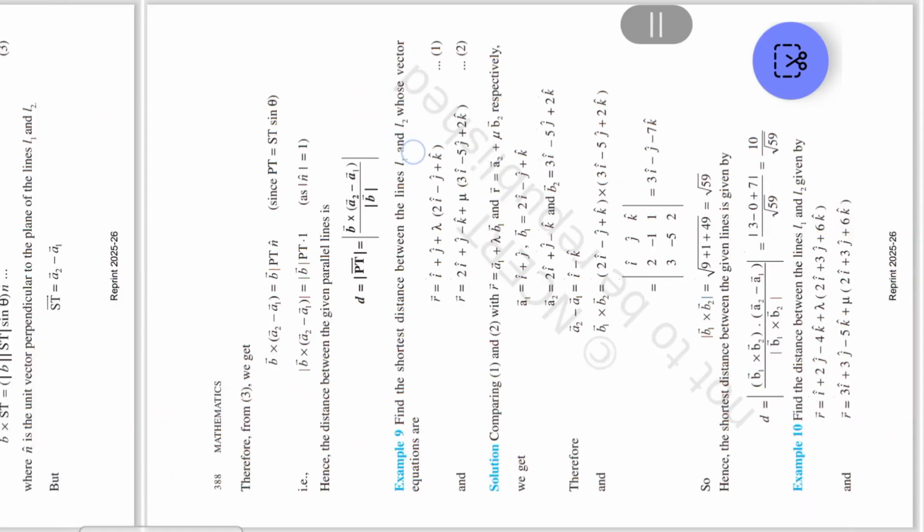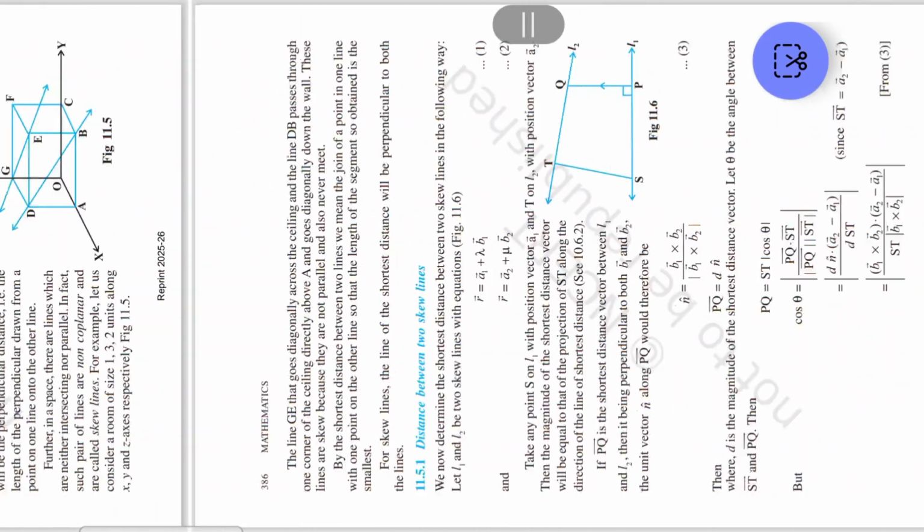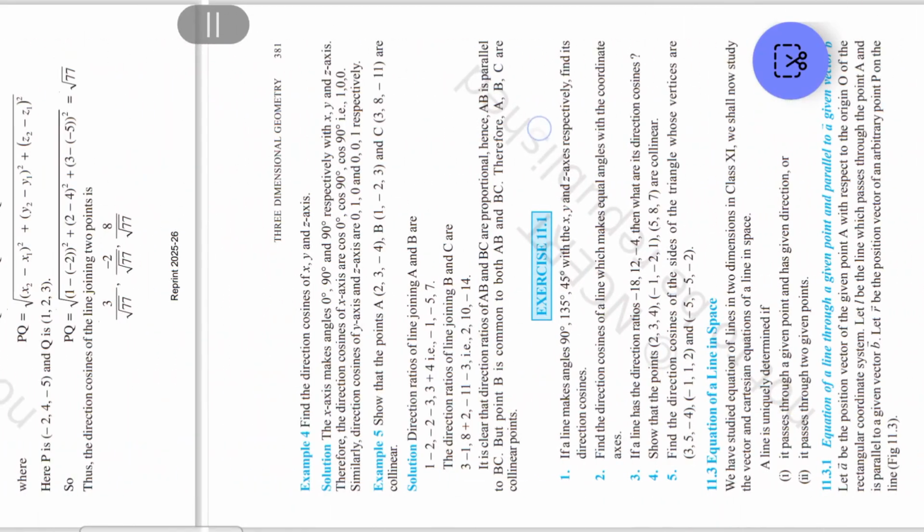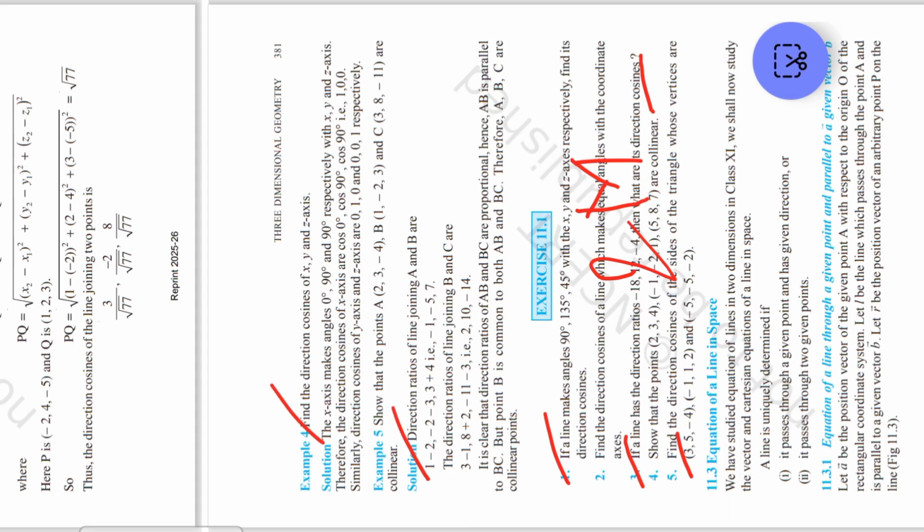Remaining in 11.1, the if a line has direction ratios, example 3, 1, 5 collinear are important for 2 marks questions. And examples 5, 4, 6 are also important.